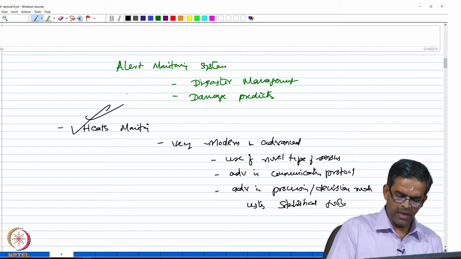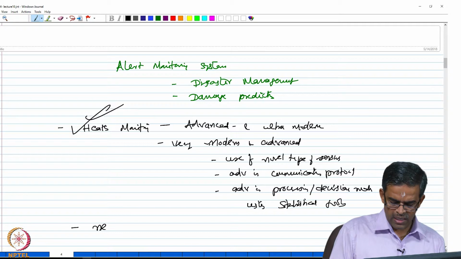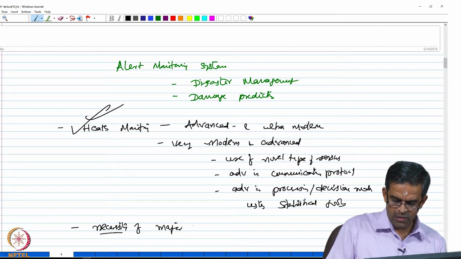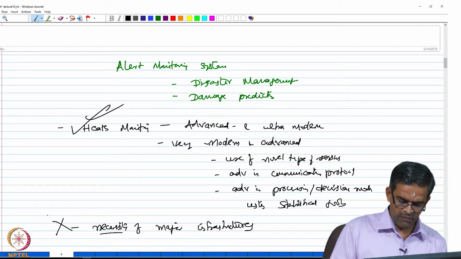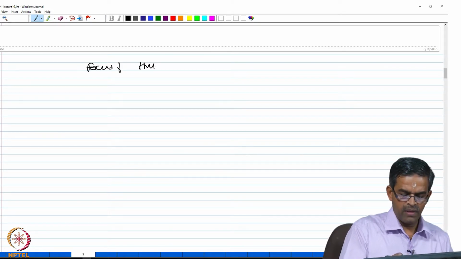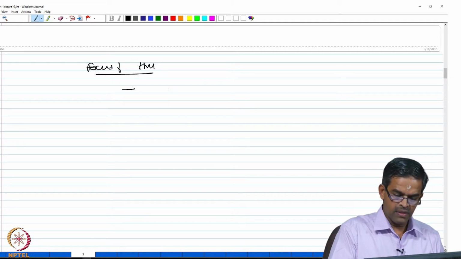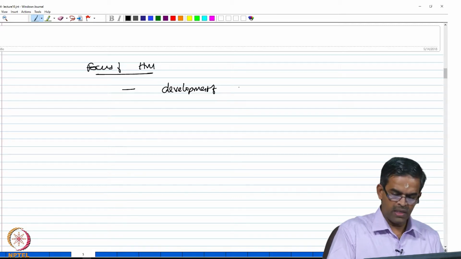So, health monitoring has become highly advanced and ultra modern. Slowly it is becoming a necessity of major infrastructures. That is a very important point which we want to emphasize. The essential focus of health monitoring in the present scenario is leading towards the development of smart structures.